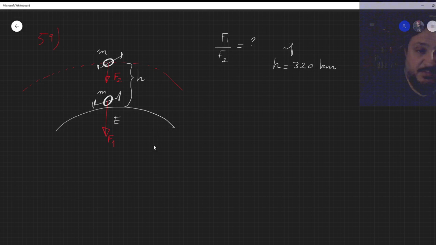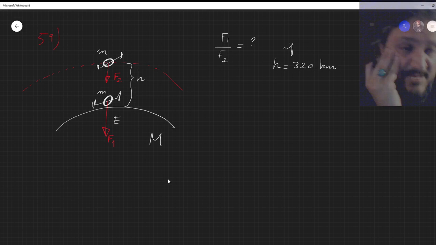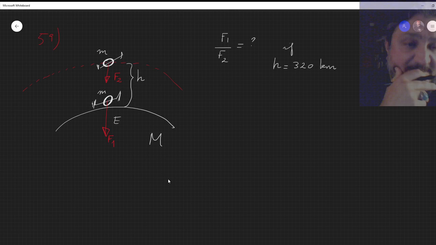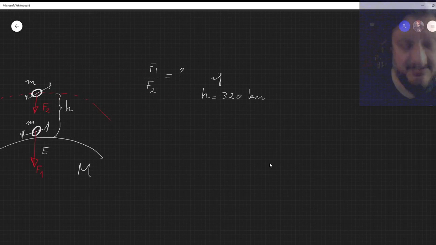Earth, well, we can find Earth's mass in a table, which I'm going to call capital M. Do we need it? Maybe we do, maybe we don't. We're going to find out. But here's what I'm going to do. I need the formula for gravitational attraction. Let's start there. So, the gravitational force between two masses.